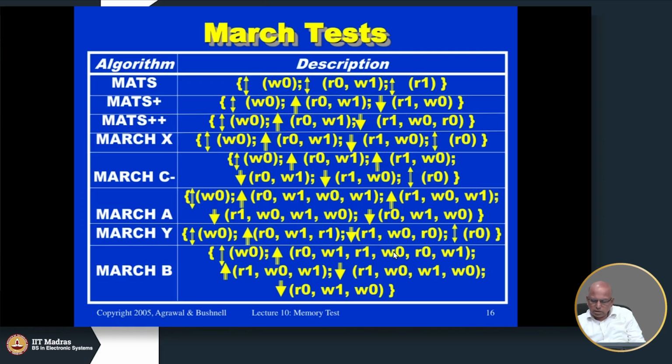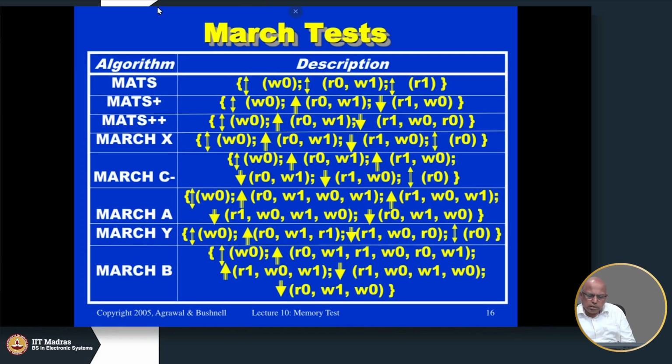Then write 0, read back, and then write 1. So by doing this, you may wonder why this is all being done. But it is to activate certain faults and detect them. Okay. So the more complex your algorithm is like this, the more time it will take.